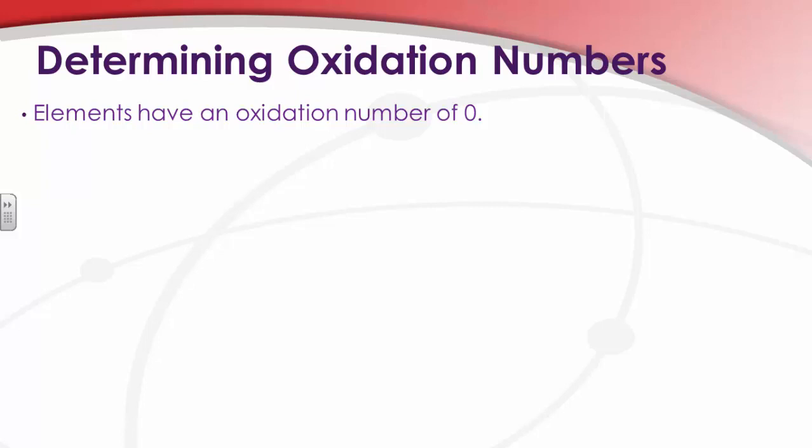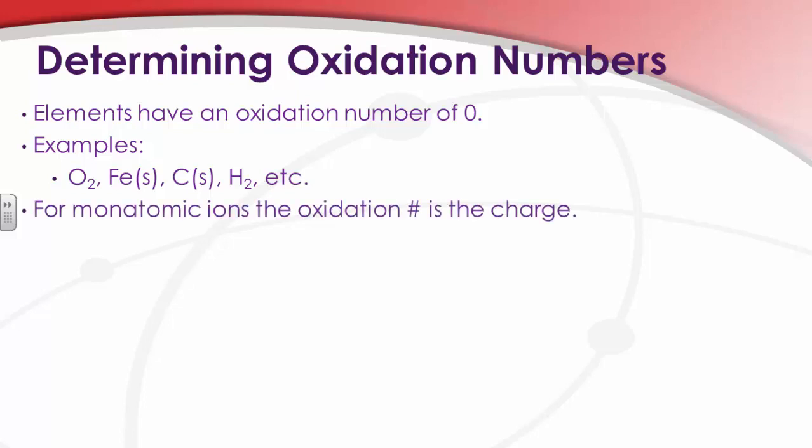Okay, so elements have an oxidation number of 0. Whether they're in molecule form or in other forms such as solid iron, these have an oxidation number of 0. So we keep that in mind. Elemental form, oxidation number 0. Anytime we have monatomic ions, the oxidation number is the charge.